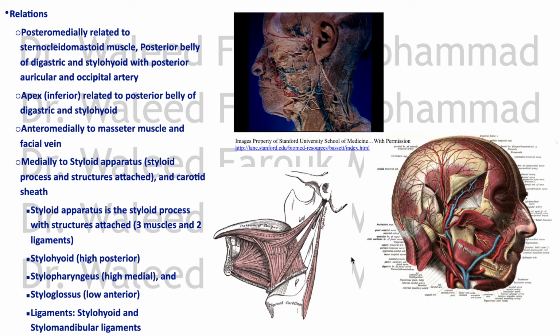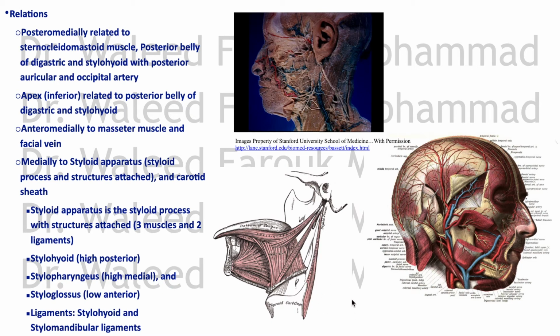So medial to the gland, you will find the stylohyoid, posterior belly of the digastric, then the external carotid, then the 2 muscles, the styloglossus and stylopharyngeus, then the internal carotid artery wrapped with the internal jugular vein in the carotid sheath. Now you're oriented.